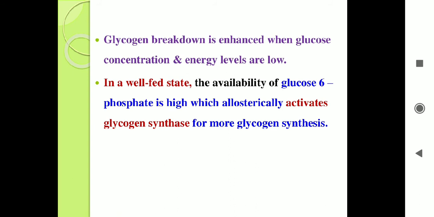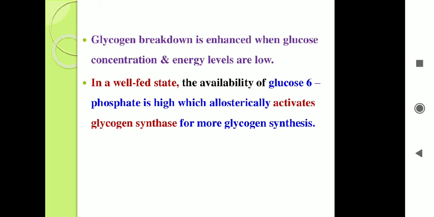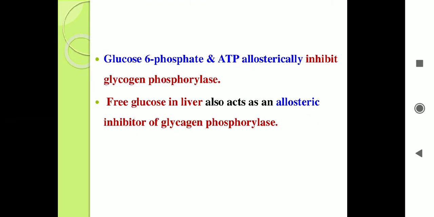In a well-fed state, the availability of glucose 6-phosphate is high, which allosterically reactivates glycogen synthase for more glycogen synthesis. Glucose 6-phosphate formed from glucose 1-phosphate, if it is high, activates the enzyme used for synthesis of the glycogen molecule. Okay, then glucose 6-phosphate and ATP allosterically inhibit the glycogen phosphorylase enzyme.